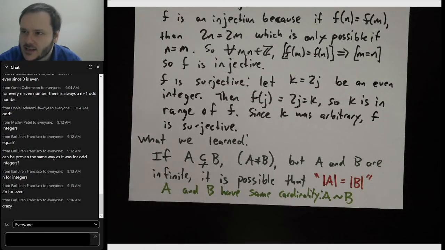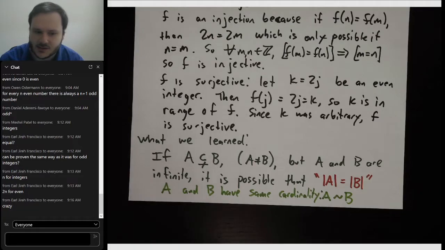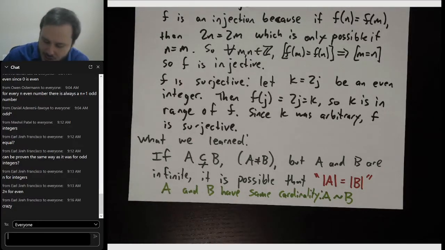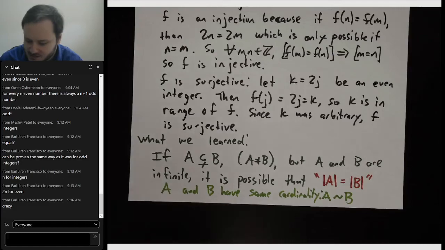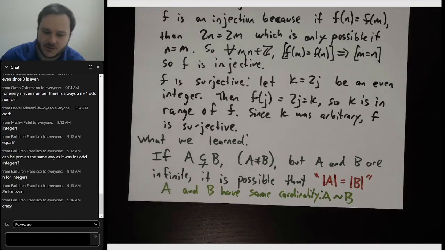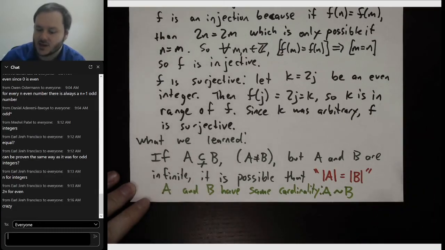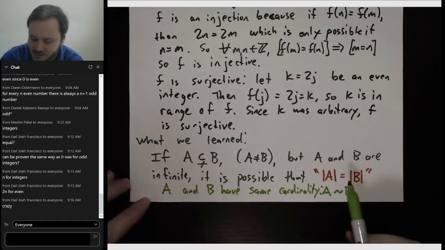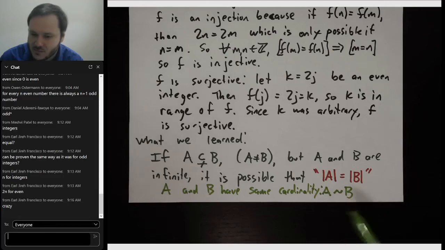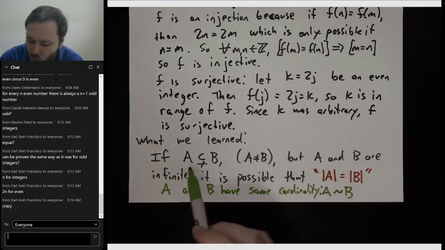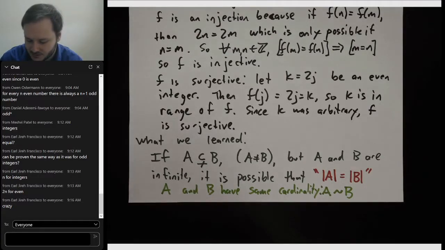So cardinality is like size, but we allow for infinity as well. So the cardinality of a finite set is just equal to its size. Cardinality and size are the same for finite sets. But when we're talking about infinite sets, we can have two infinite sets. They're both infinite. They have the same cardinality, even though one is a strict subset of another.